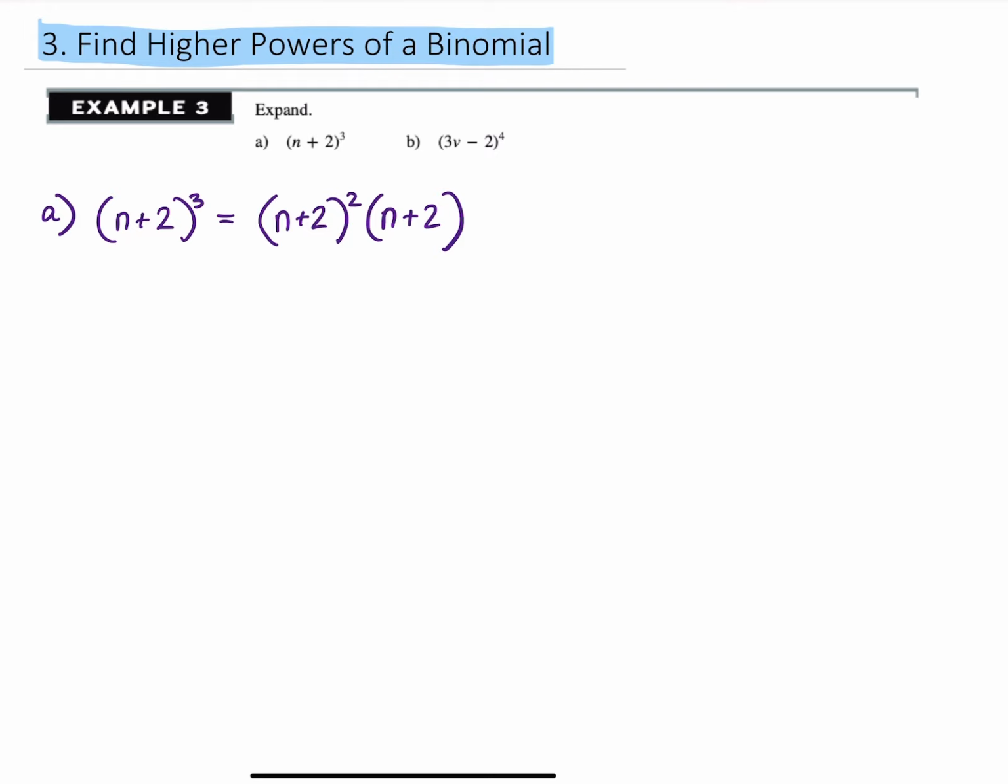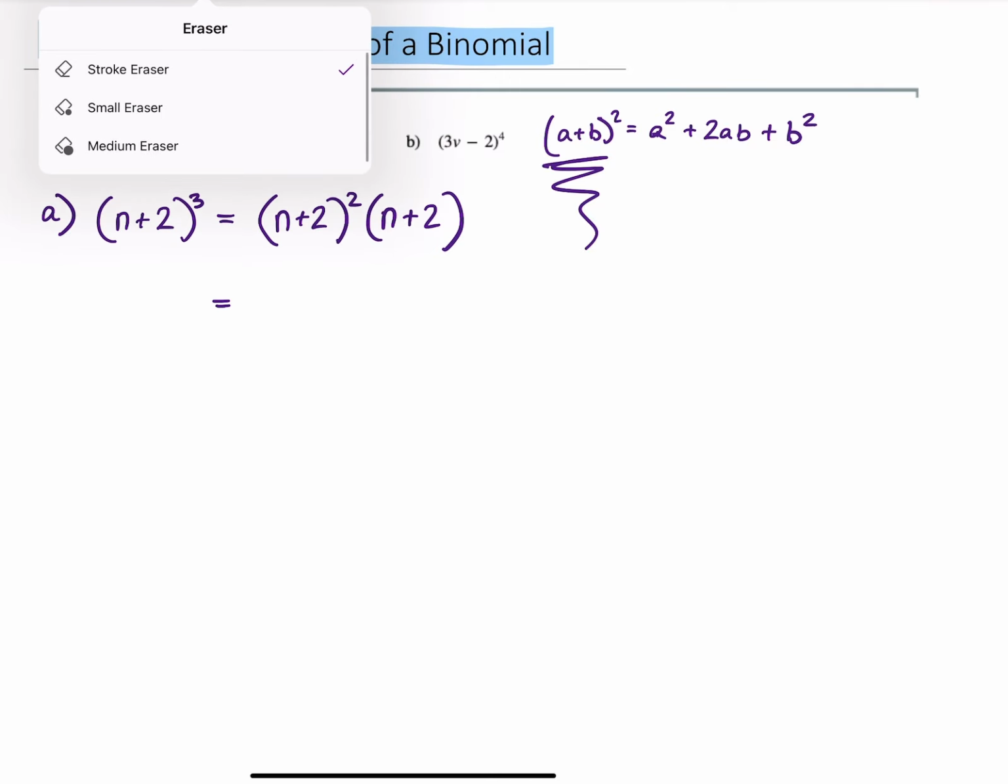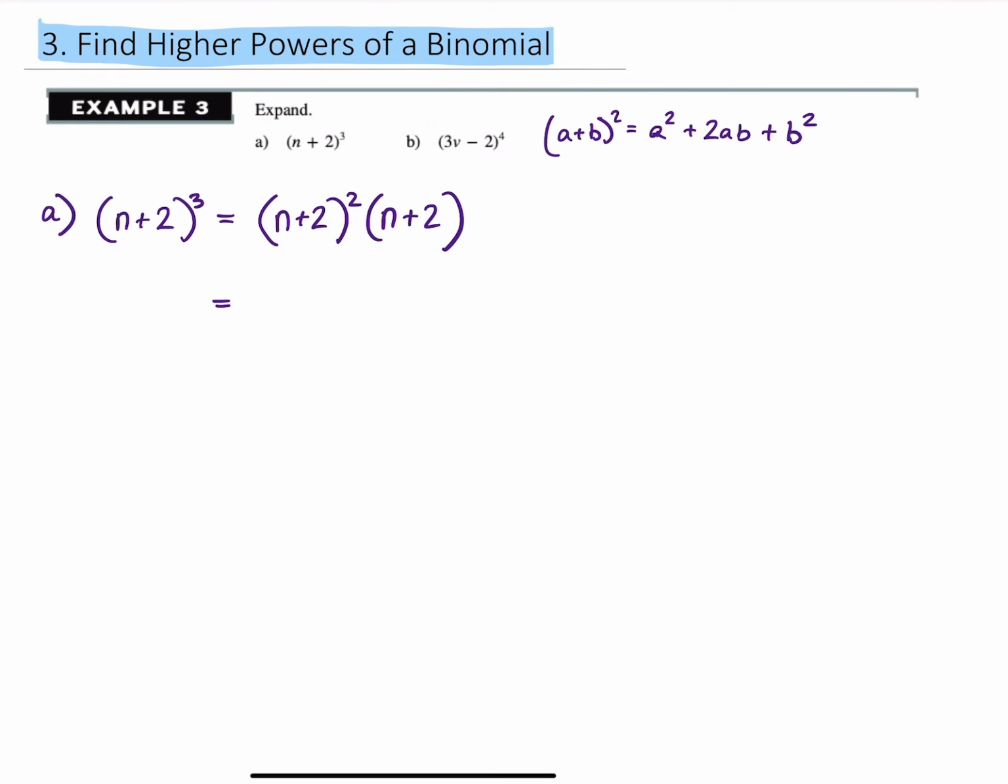So n plus 2 squared should follow that pattern of a plus b squared. That should be a squared plus 2 times a times b plus b squared. You can always just FOIL this out if you forget the pattern, but recognizing and being used to this pattern will just make a lot of problems a lot quicker and easier once you get comfortable.